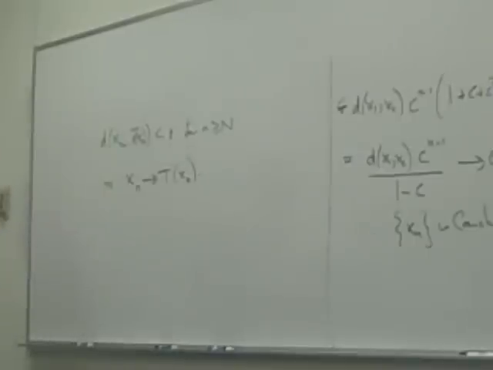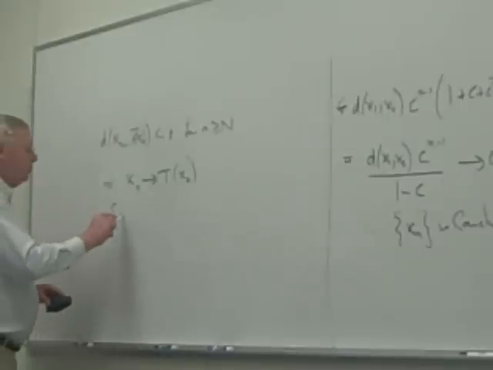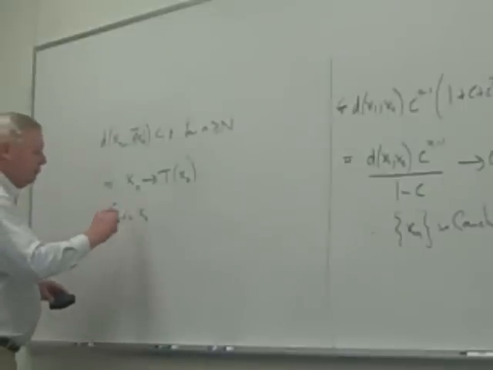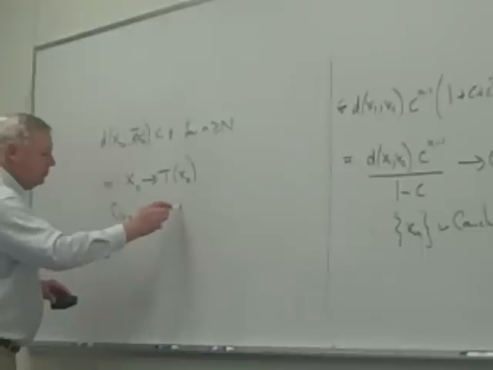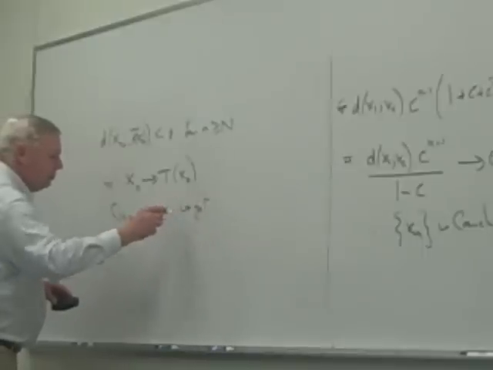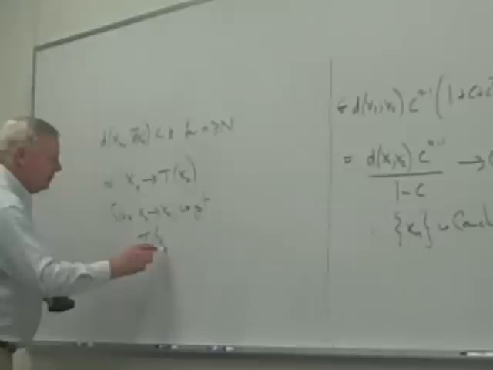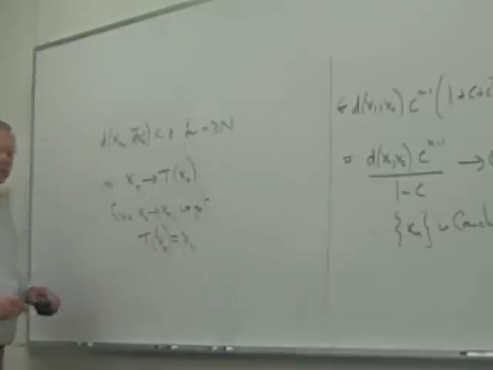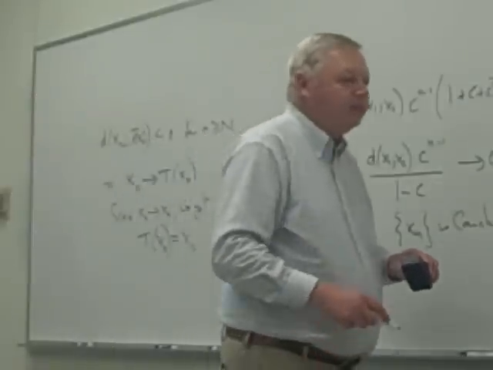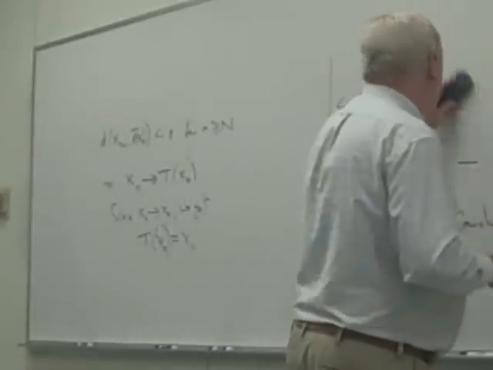But it was already converging to x0. We get the fixed point that we're looking for. We get T of x0 is equal to x0. So that proves the existence of a fixed point.